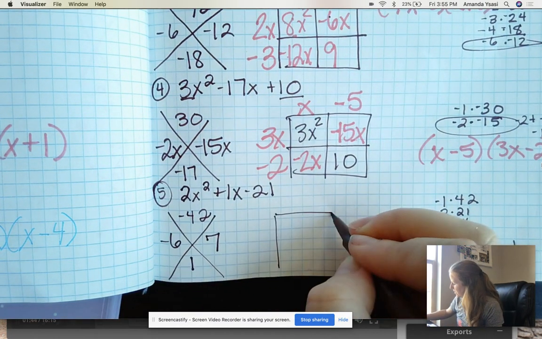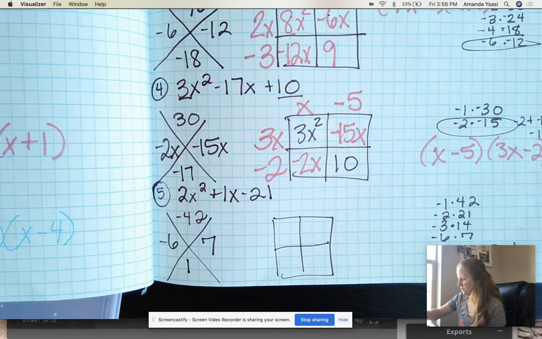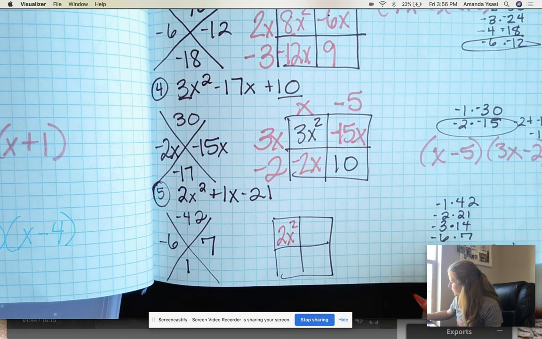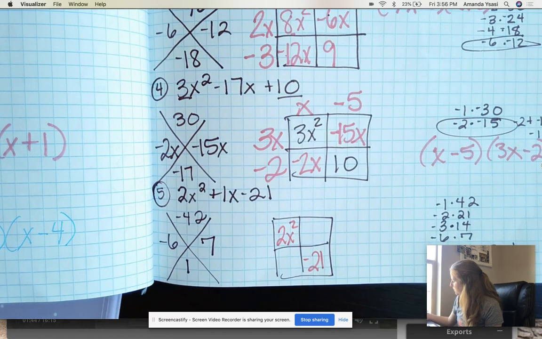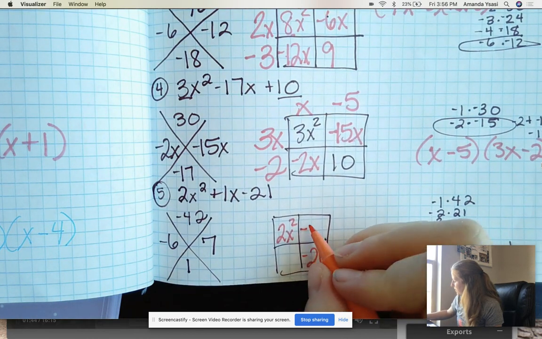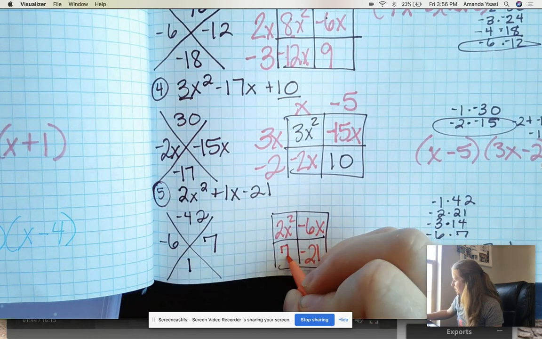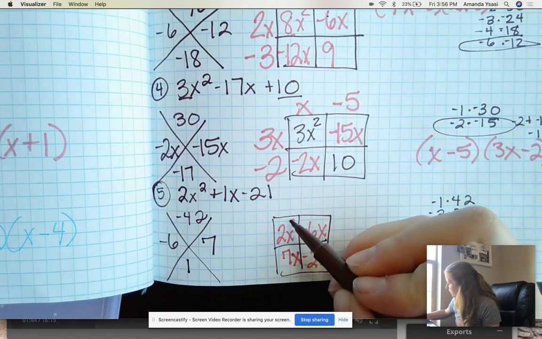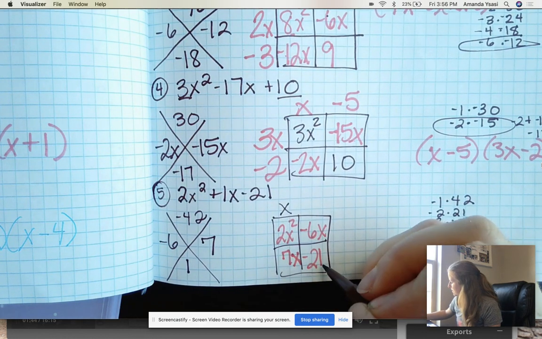So then we have 2x squared, negative 21. We have negative 6x and then positive 7x. And then factor out. So here, the only thing they have in common is x.